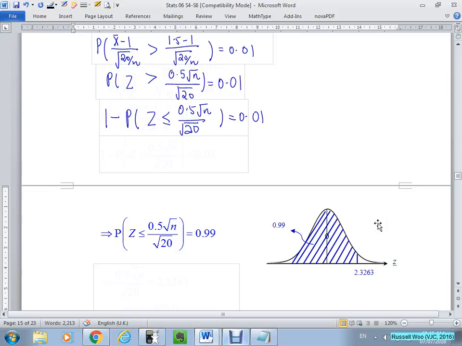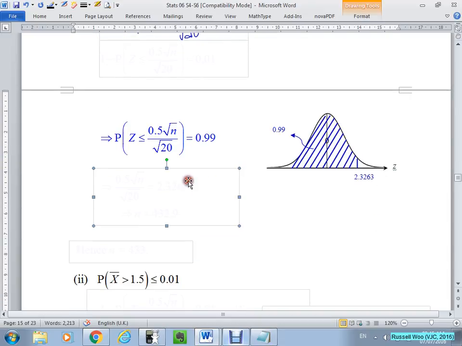Alright, because you know you want this probability, this side to be 0.99, you key the GC will tell you, oh now this answer probability Z smaller than 2.3263, you inverse norm, you will get this. Inverse norm 0.99, you get this answer. Correct?